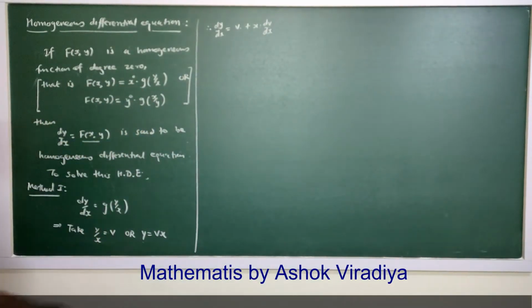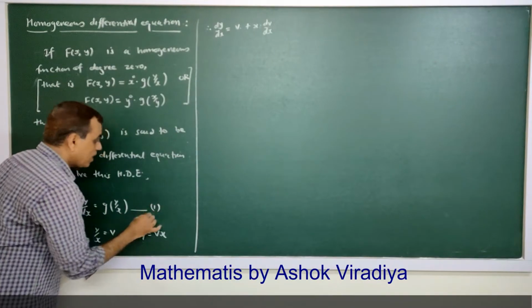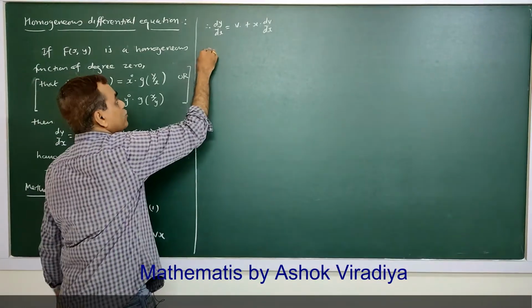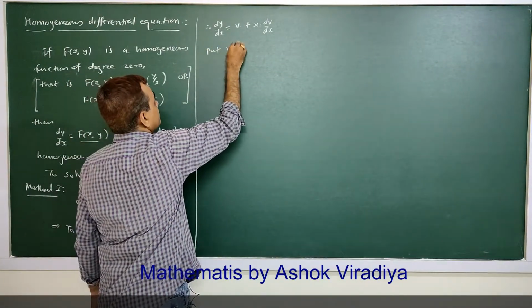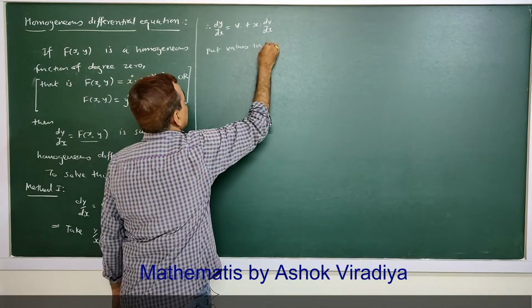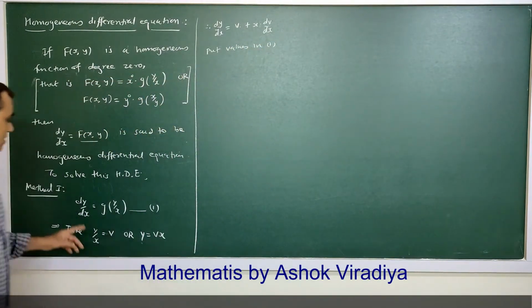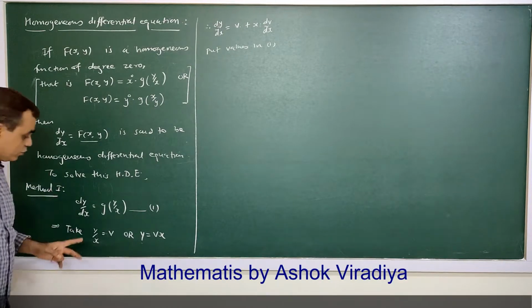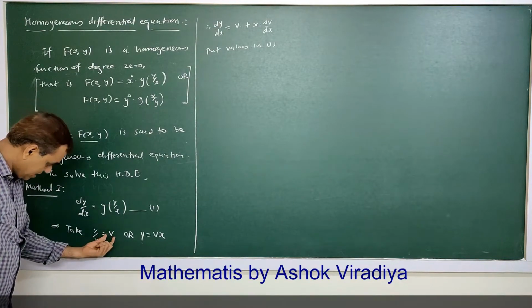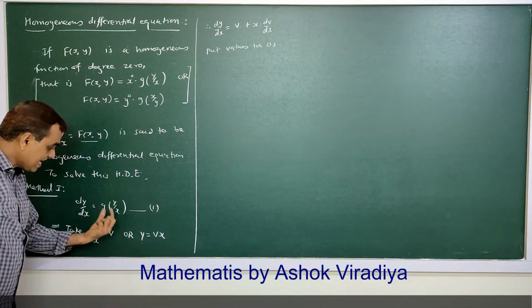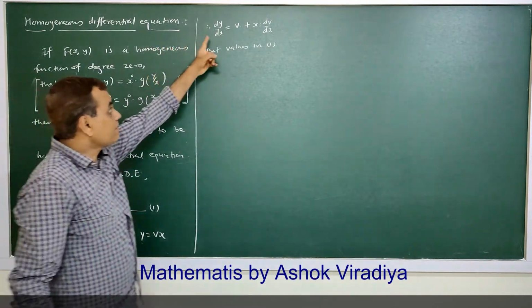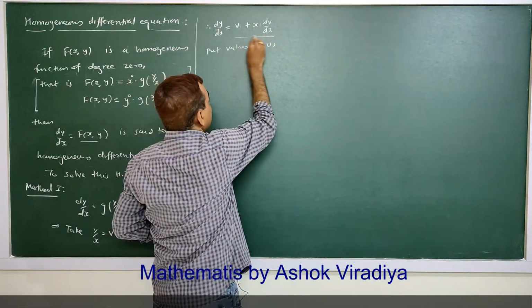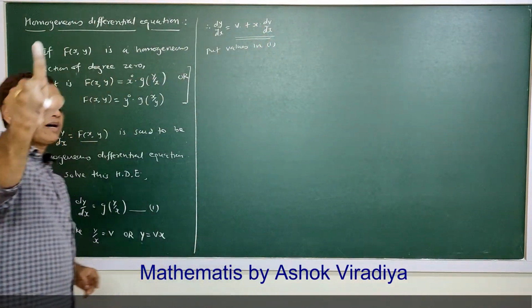This value we substitute in equation 1. So putting values in 1, now I am putting values. We have taken the substitution y by x equal to v. So when y by x is v, dy by dx is v plus x into dv by dx.